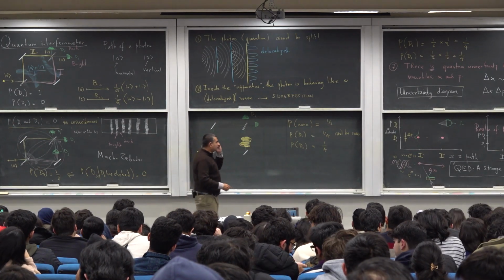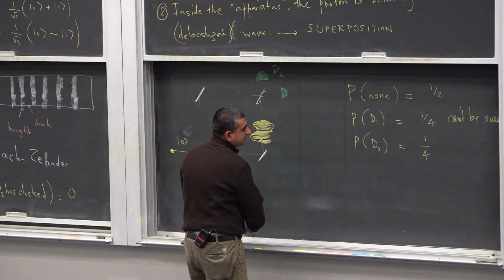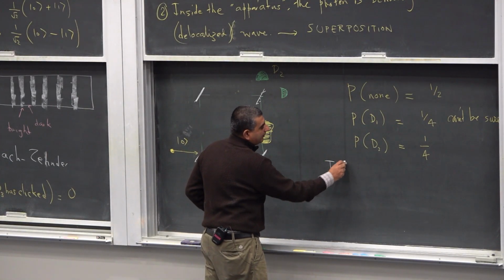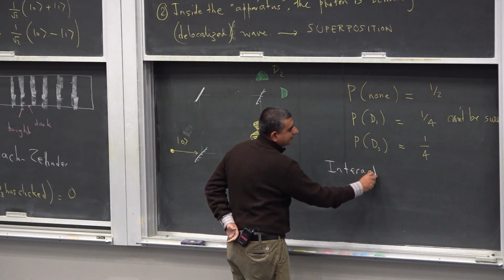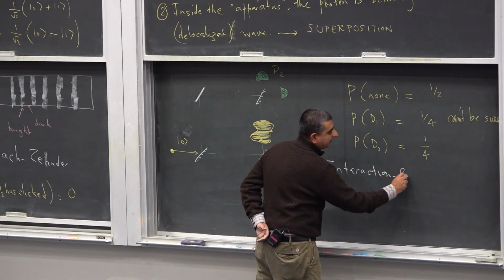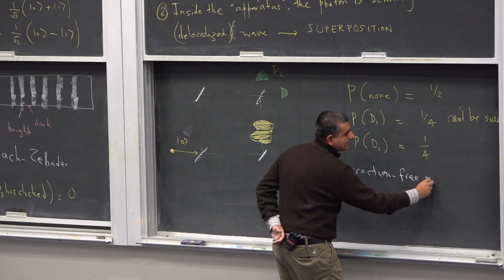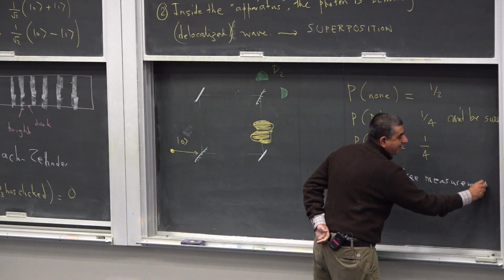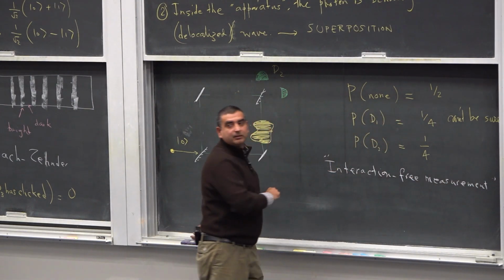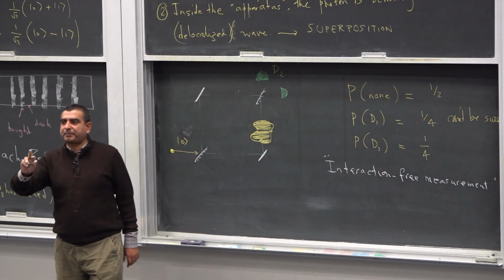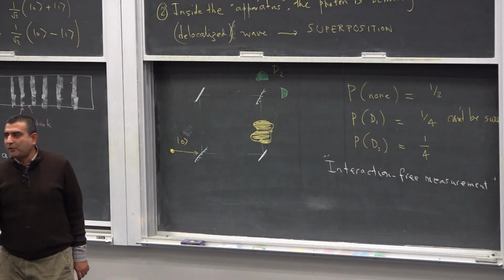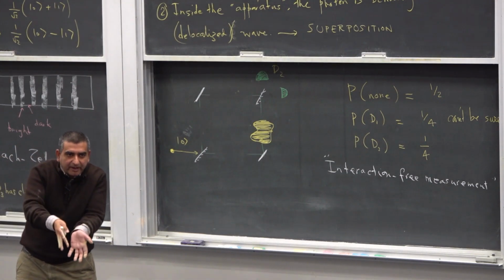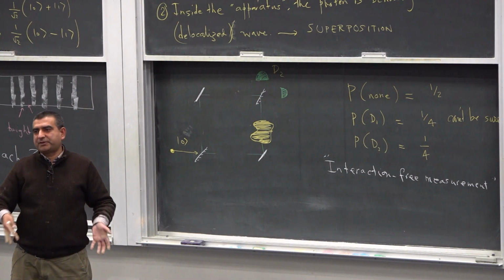So this is what is called an interaction-free measurement. So we have now detected the presence of an object without light, or radiation, ever interacting with that object.